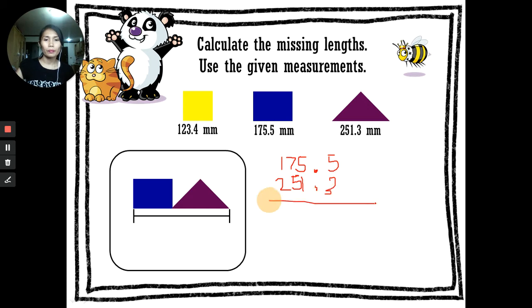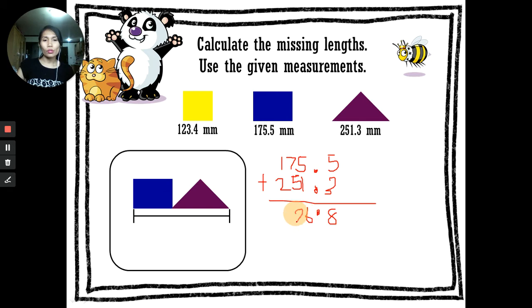Oops, sorry. Okay, so now step 2, there are no empty slots. So step 3, bring down the decimal point, and step 4, start adding. Okay, 5 plus 3 is 8. 5 plus 1 is 6. 7 plus 5 is 12.